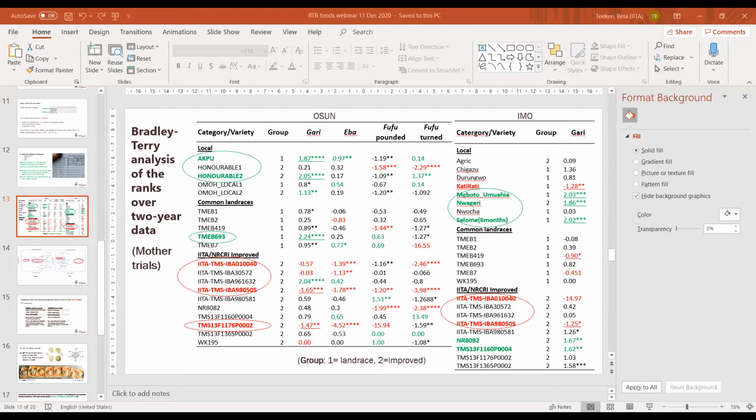Yeah, this work started actually before the RTBfoods work package 1 started. Well, not the end evaluation of the food products for the second year. At that time, the RTBfoods project was started, so there was not too much input from work package 1 to this methodology.